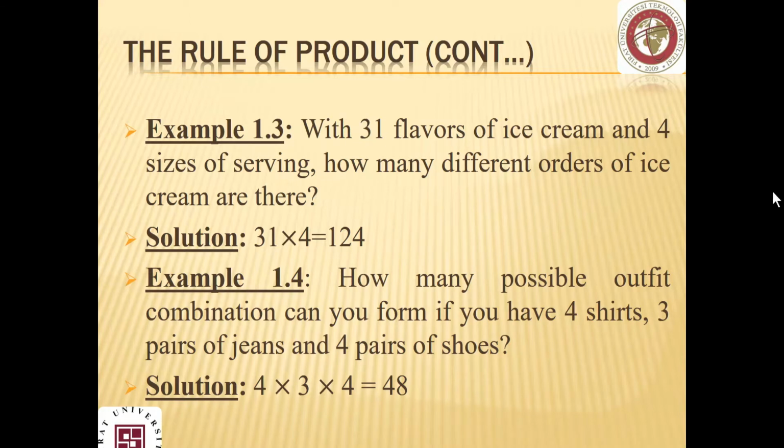Before we took 2 selection stages, 31 flavors and 4 sizes. Here we have 4 shirts, 3 pairs of jeans, and 4 pairs of shoes. So for the 4 shirts, we may use any of the 3 pairs of jeans and any of the 4 pairs of shoes. It's possible. These are the possibilities. It doesn't matter if they fit or not. Now we are not speaking about the colors and the matching. How many possible outfits are there?